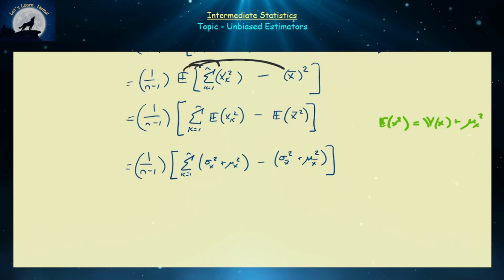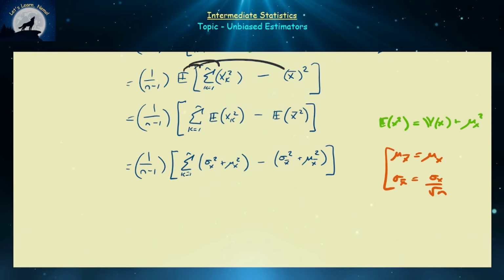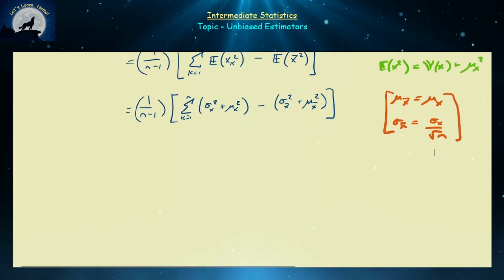Now you may remember from elementary statistics that mu x bar equals mu x, and sigma x bar equals sigma x all over the square root of n. If you do not know these theorems, I highly recommend being able to prove them. They are very, very important. Nonetheless, notice that the summand doesn't depend on k, so that's just added to itself n times.